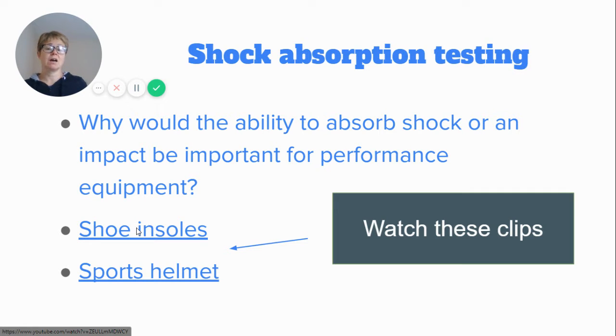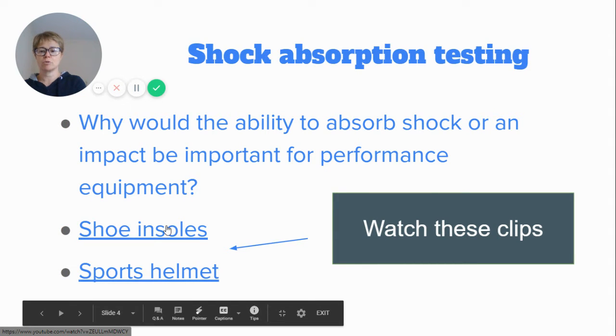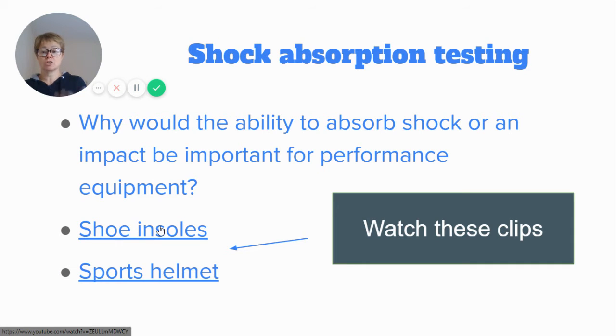So having material in your shoes that absorbs the shock, that is the impact on your body, is really helpful in preventing things like joint problems. So this is a very simple test, similar to what we've seen before, that shows how different two materials can be in absorbing shock in an insole.